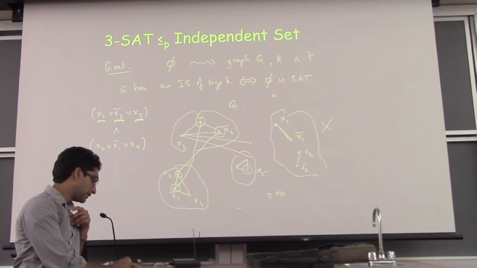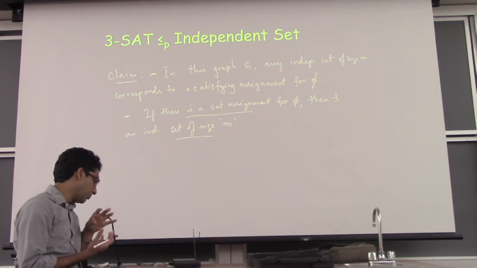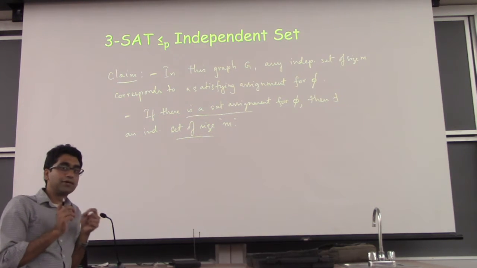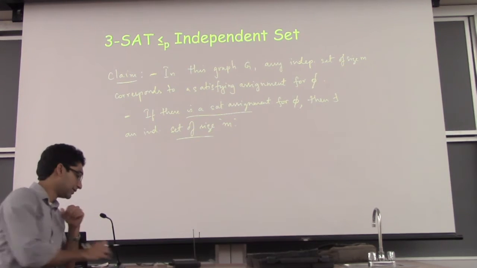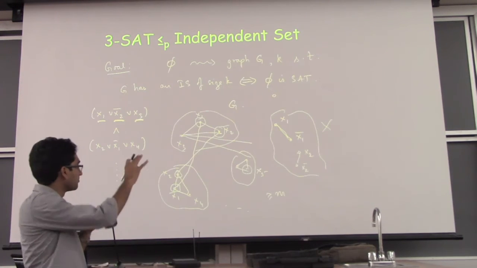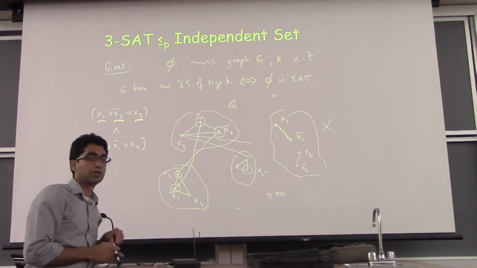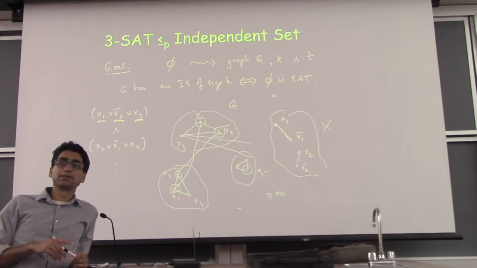So this part is easy. This is common in reductions, where one side of this if and only if will be easy to prove, and one side will be the tricky part. Often the part where you go from this problem back to SAT will be the tricky part, so you'll have to deduce an assignment from some independent set somewhere.